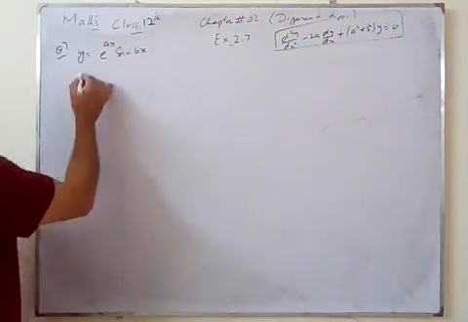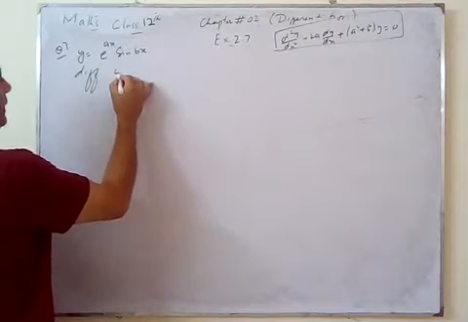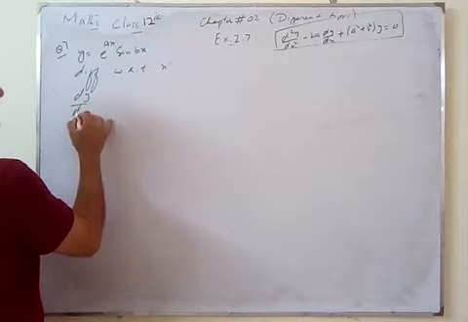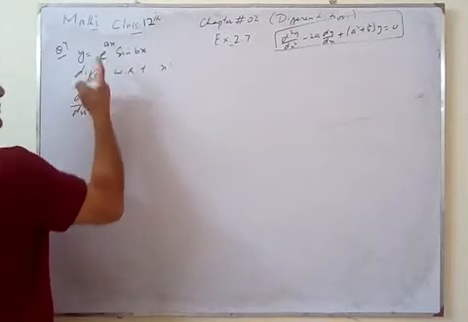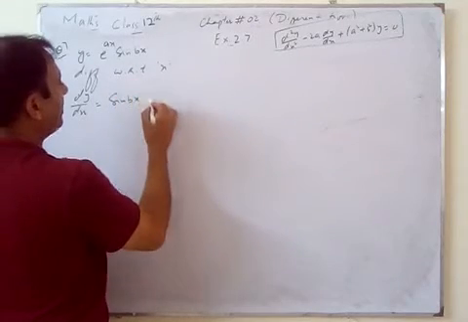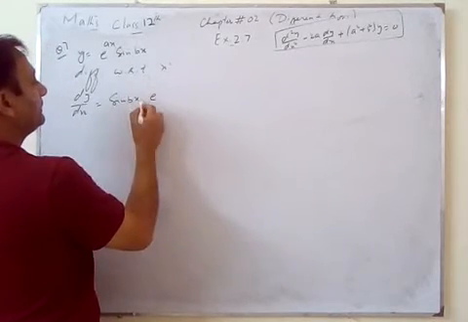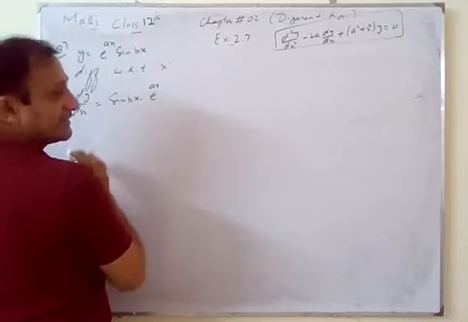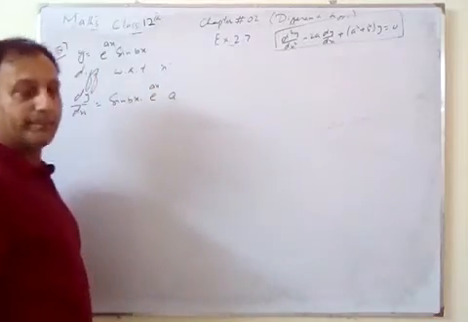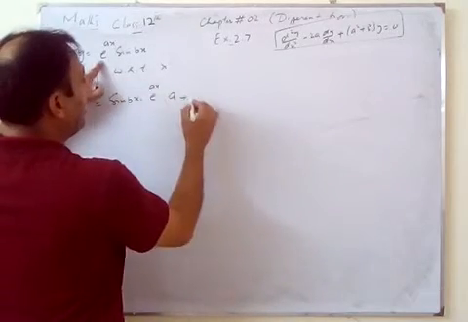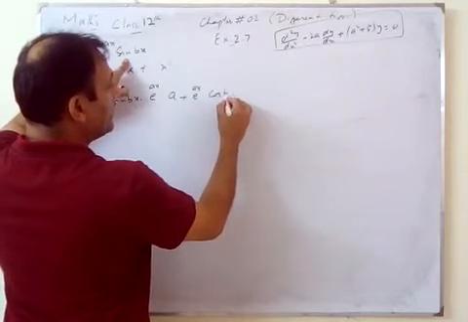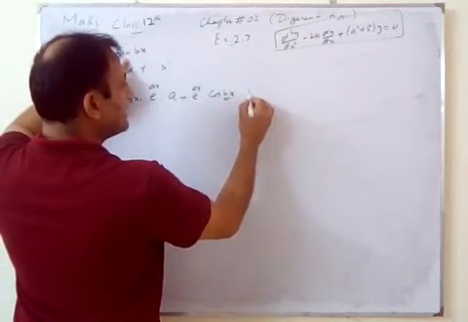So here, differentiate with respect to x. Second function into the derivative of the first, e power ax as it is, and the derivative of ax, that is a, plus e power ax as it is, the derivative of sin bx, cos bx, and the derivative of bx, that is b.